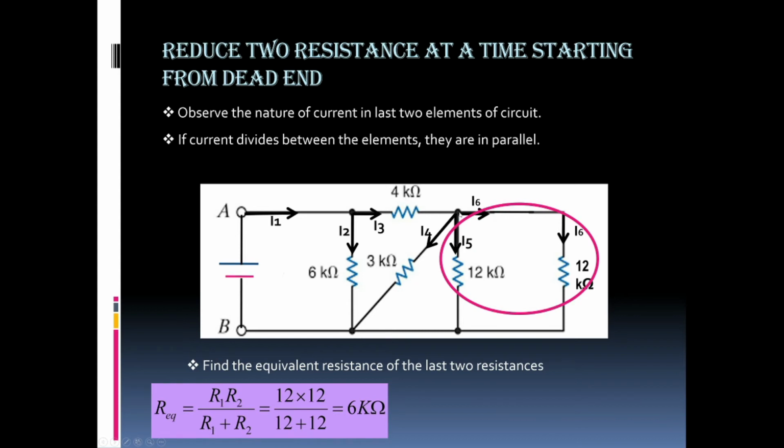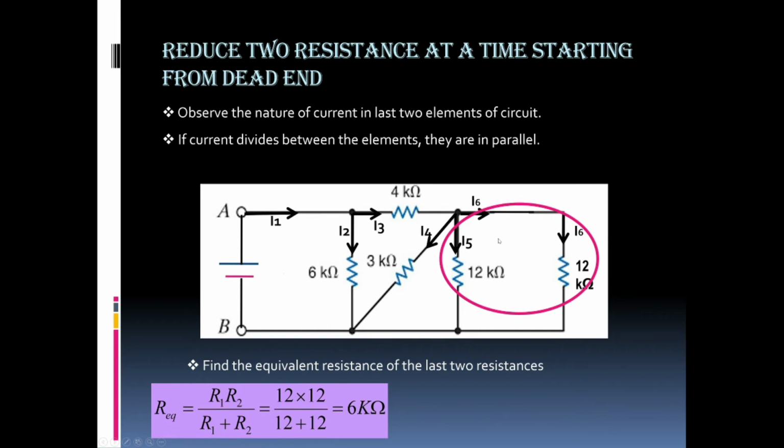So the current is getting divided between both the resistances, hence we can conclude that they are in parallel. If they are in parallel, you know the formula for equivalent resistance, which is the product of both the resistances divided by the sum of the resistances. So the product is 12 into 12 divided by the sum, 12 plus 12. And when you do that, you'll get 6 kilo ohm as the answer.